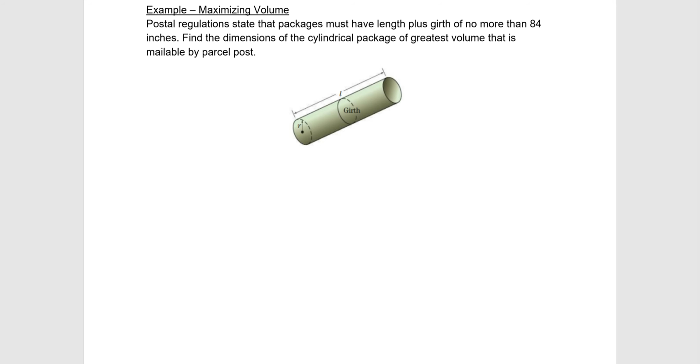So first, now we need to go ahead and come up with our two equations. So our first equation is obviously a volume equation. So let's write that down. We know that that's going to be our objective equation because that's what we're trying to maximize, because it's the word greatest.